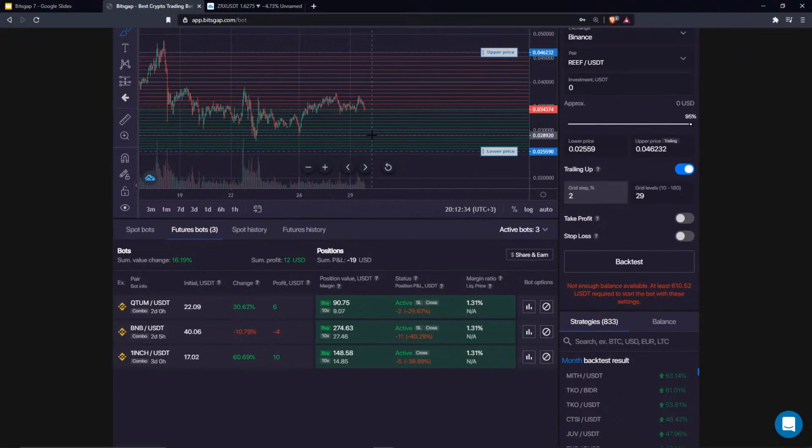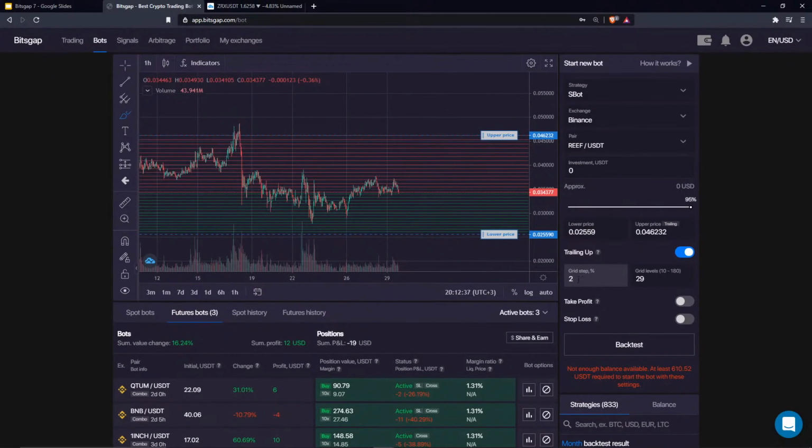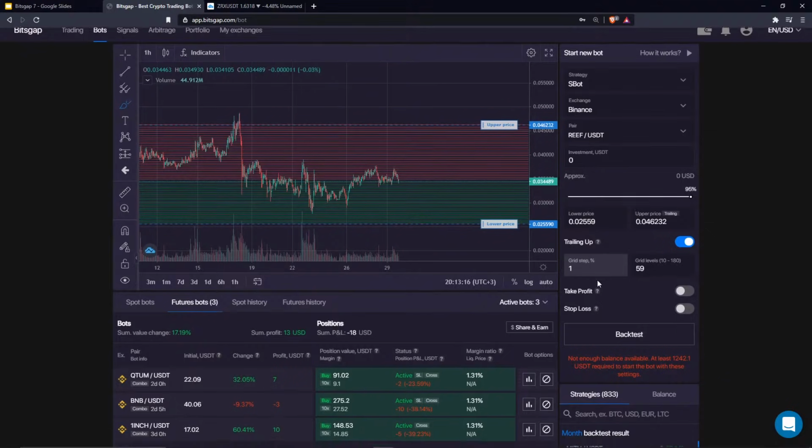If the volatility is pretty much moderate and you need to capture this moderate volatility, then 1% is more than enough, because at 1% grid step your grid levels are tightly located to each other, so that short-term market swings is something that the bot will seize, thanks to this relatively tight configuration. Okay, so yeah, you have this sandbox to experiment, to figure out your ultimate strategy.